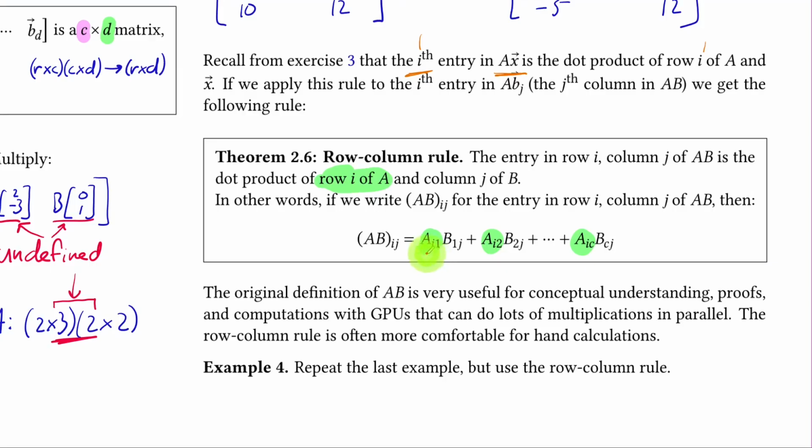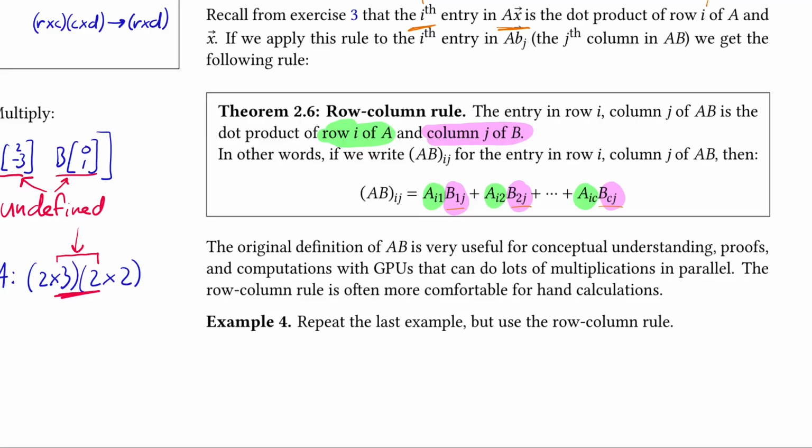All these are from row I of A, but just column 1, column 2, up through column C, and column J of B. So all these entries you're multiplying by these are from column J of B, but just row 1, row 2, up through row C of B.